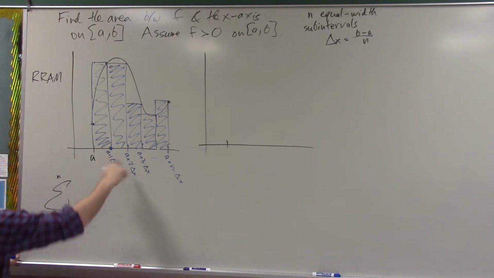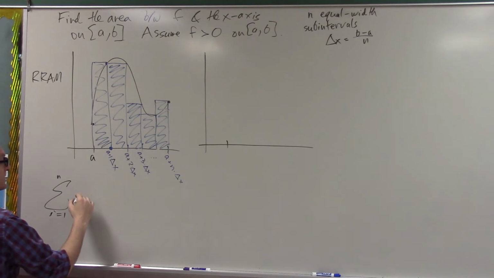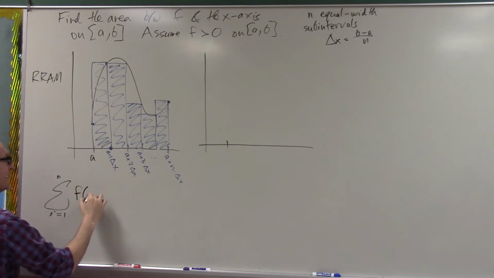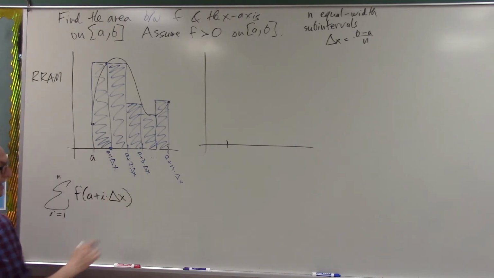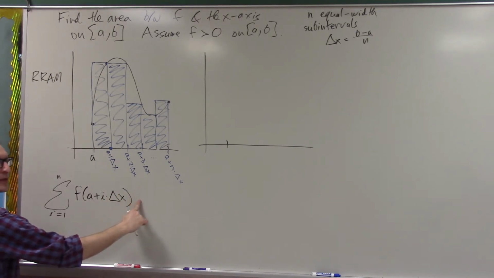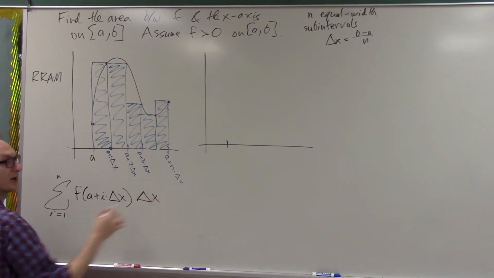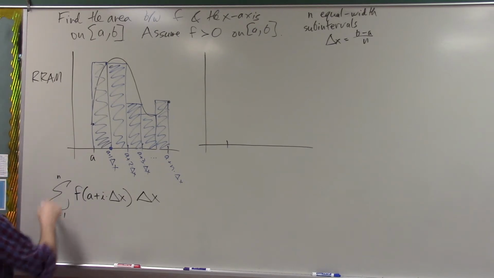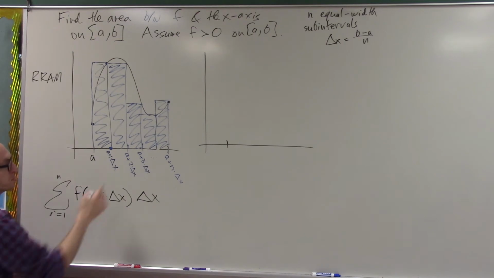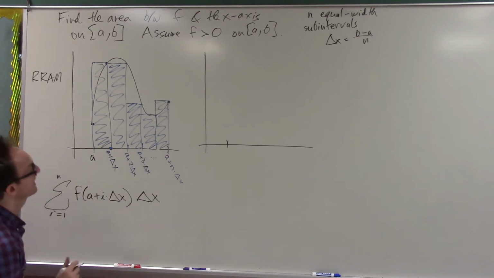The ith rectangle is going to have height f of a plus i times delta x, and the width of the ith rectangle will be delta x. James, you okay? Yeah, I was just a little confused about i. But i is just the increment, the summation index. Yeah, exactly. Okay, good.